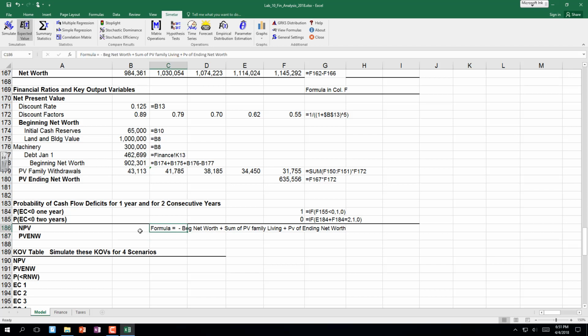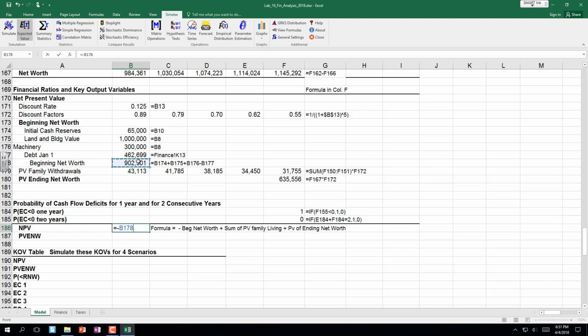And that's that formula you need to memorize. So we start with minus that beginning net worth. And see, that's why we had to calculate that debt at the very beginning of January 1.